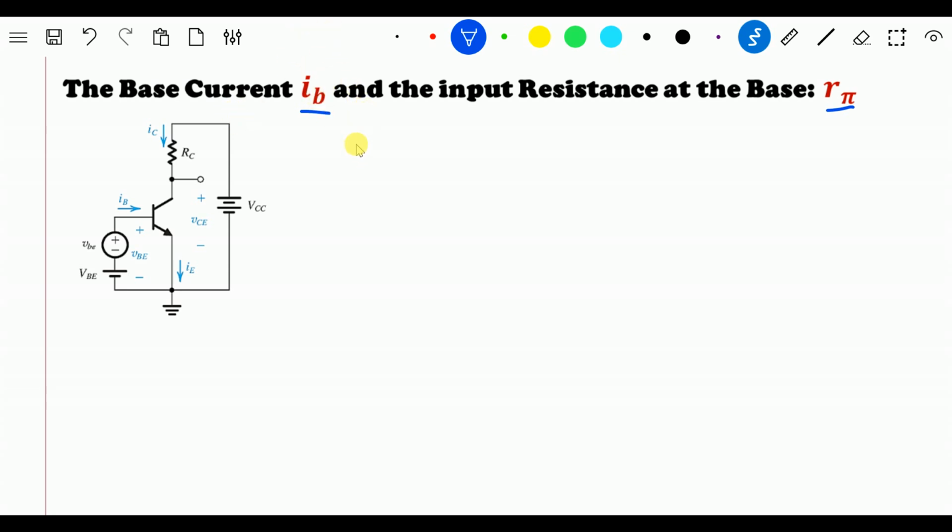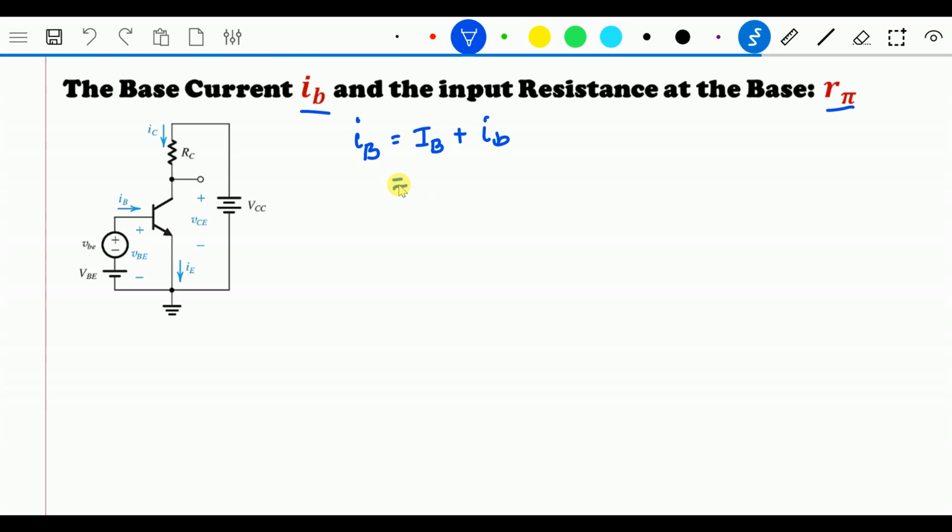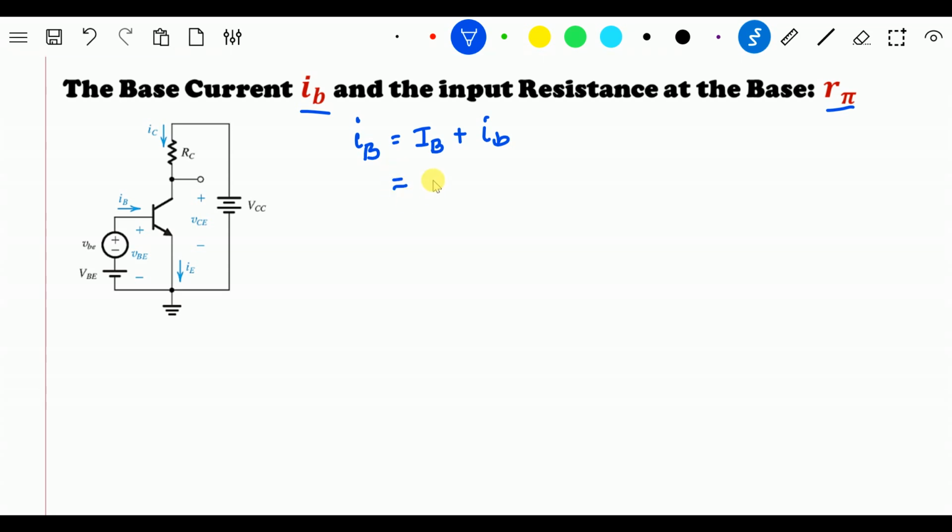Now I can say small iB, the instantaneous base current, is equal to the DC base current added with the AC base current.